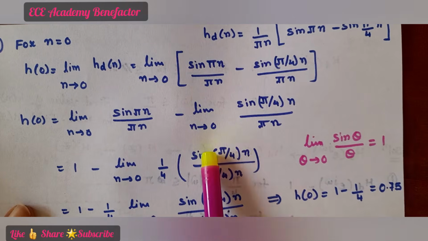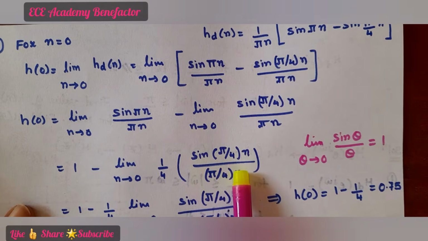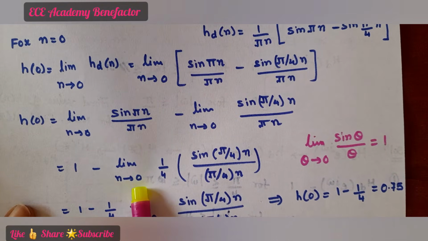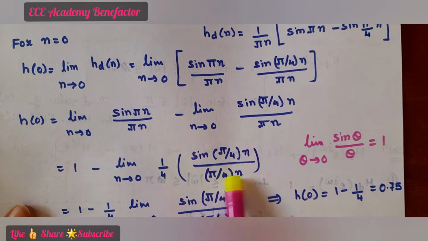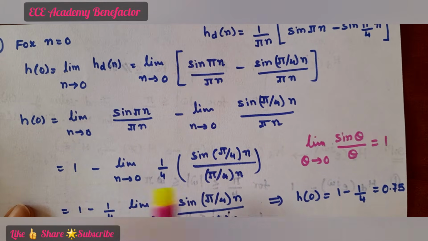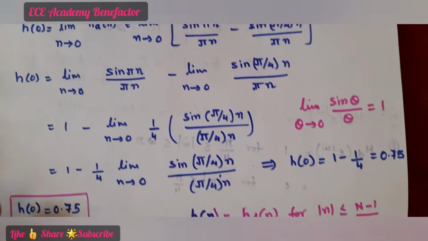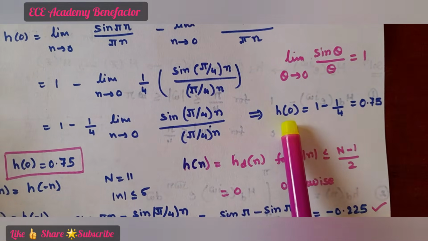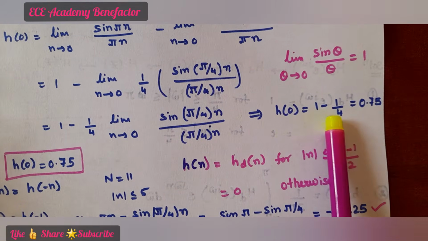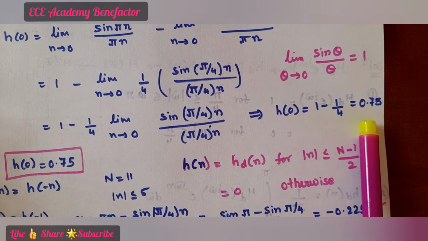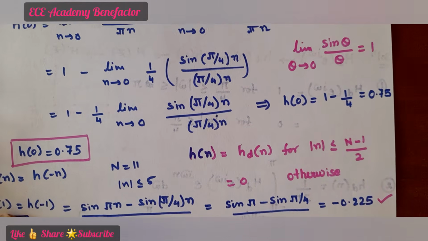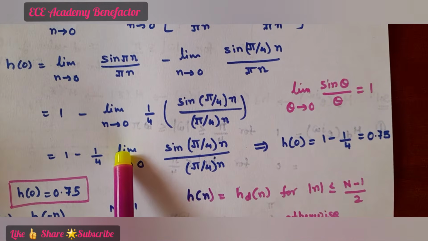So, this is sin theta by theta when theta is tending to 0. So, now this term becomes 1. So, here we can write h of 0 is equal to 1 minus 1 by 4, which is equal to 0.75.